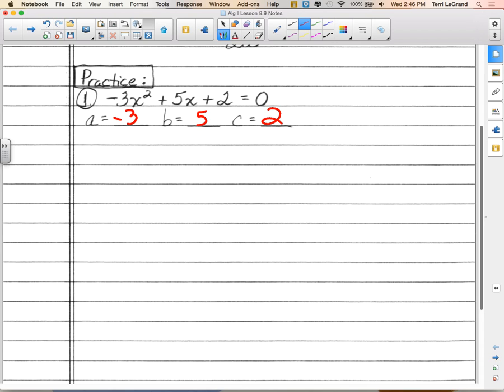And then, when we substitute into the quadratic formula, we are going to use parentheses for every substitution. Otherwise, it gets way too confusing. And every time we write the quadratic formula down, it starts going to memory.